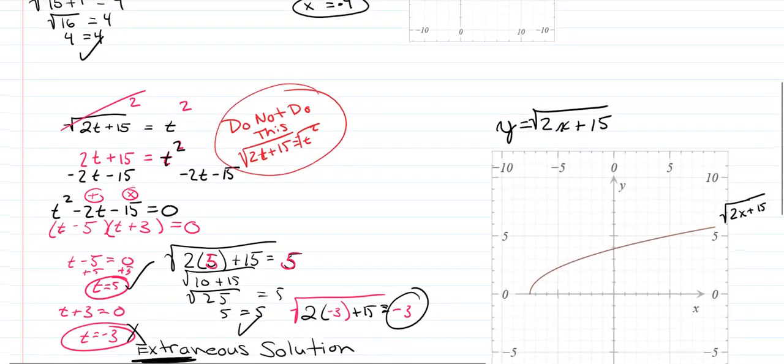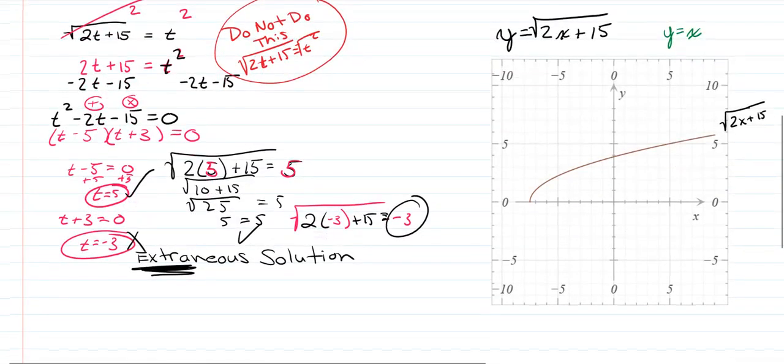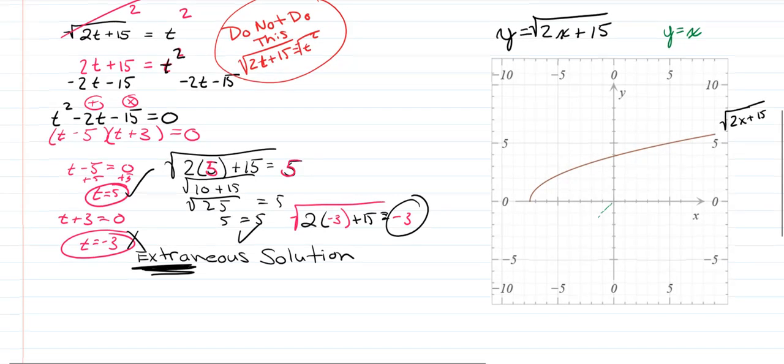So now, this is the line y equals t, or basically y equals x. And we know what that line looks like. That line goes like this. So this is the line y equals x.